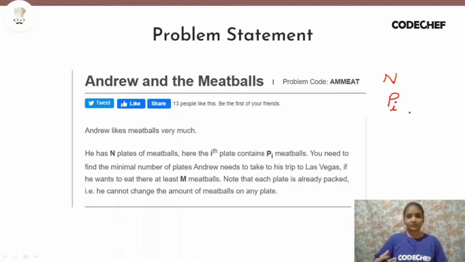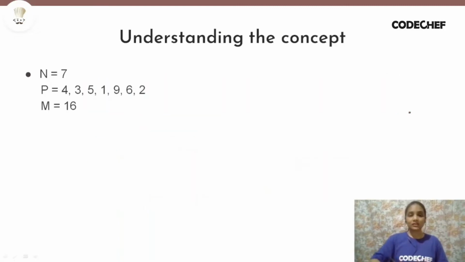So how do we select these minimum number of plates? Now for that, let us see what approach will come to our mind first. Suppose that we have an example here. The number of plates is 7 and the least number of meatballs that we need to eat is 16.